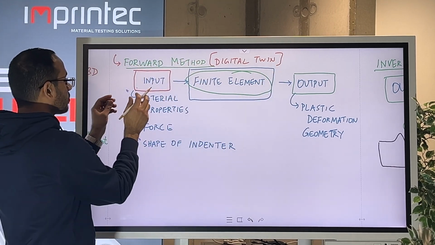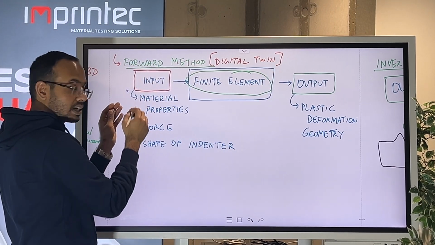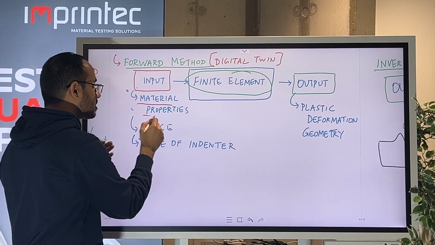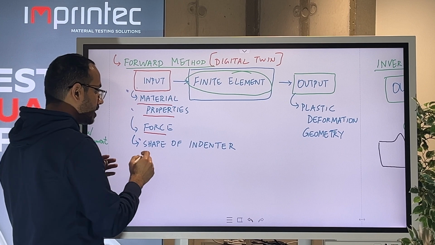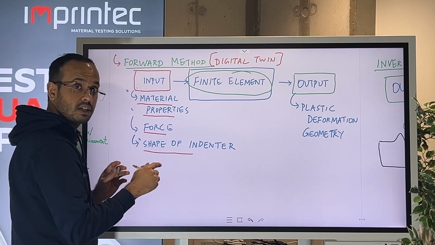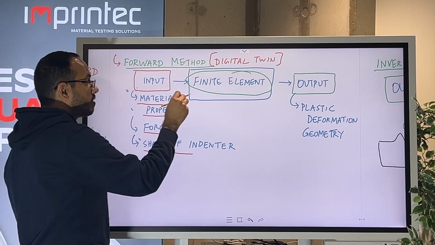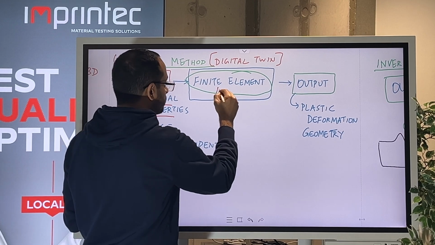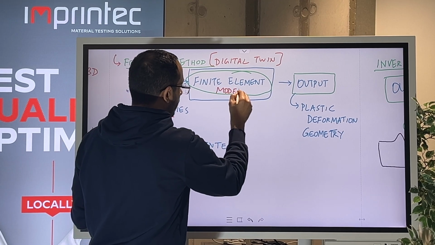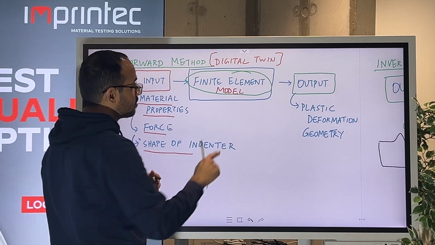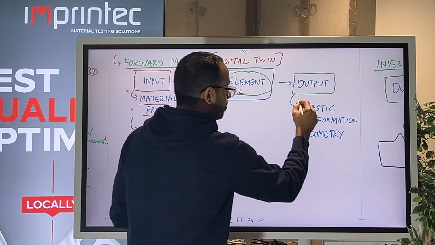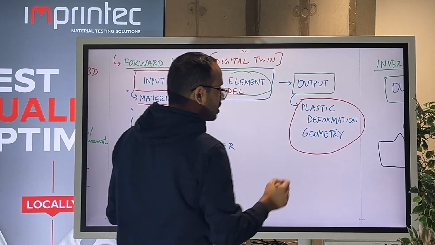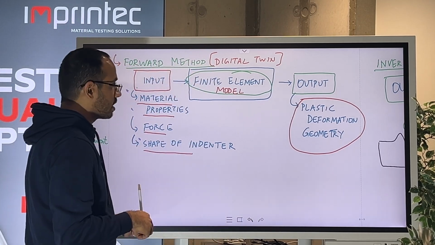You have certain inputs: you know the material properties, you know the force that you apply, and you know the shape of the indenter. You put this into a finite element model, and the output of this simulation, the computer model, will give you some plastic deformation. That is your plastic deformation geometry.